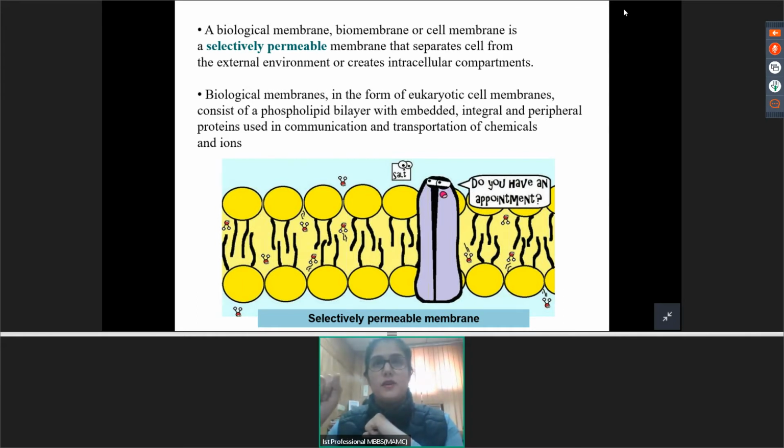However, selectively permeable is not the same as semi-permeable. Selectively permeable means that the membrane has the option to choose which molecules it will allow to pass and which molecules it will not allow to pass. So it might be allowing some large molecules to pass and it might not be allowing some small molecules to pass as well. So the important point is that selective permeability is different from semi-permeability.